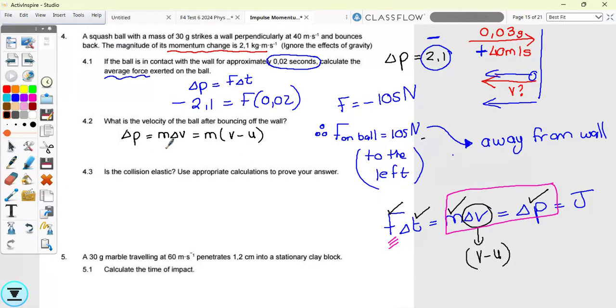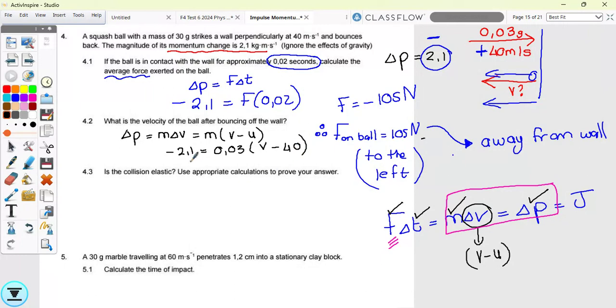Now again, here you will not get away without having the sign right. So here you're going to have to say minus 2,1 is equal to 0,03. Our V is what we want, and our U was 40.